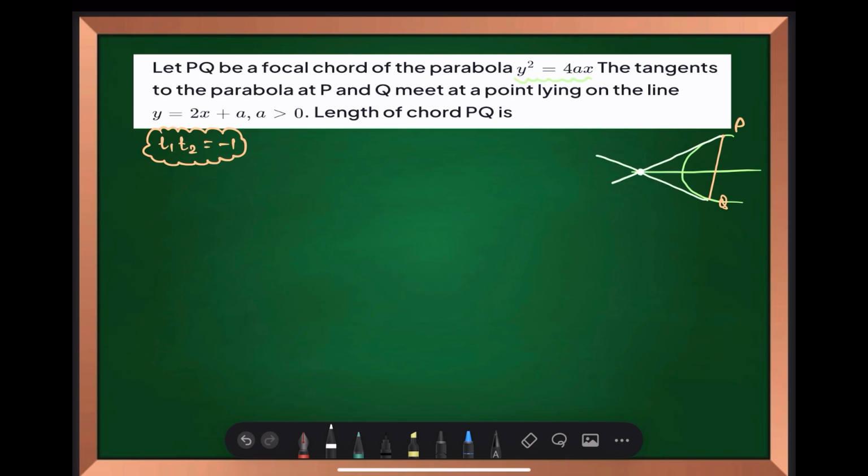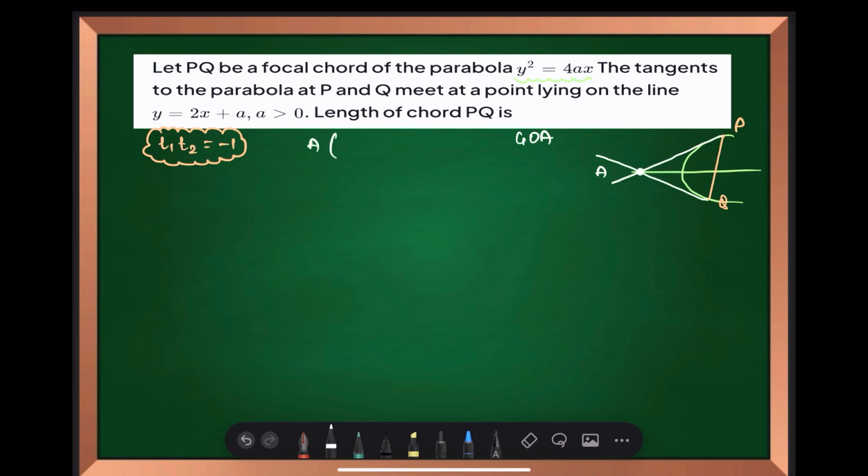And you know, we have studied this topic, the point of intersection of tangents. For that we have memorized a word, GOA: geometric mean, arithmetic mean.